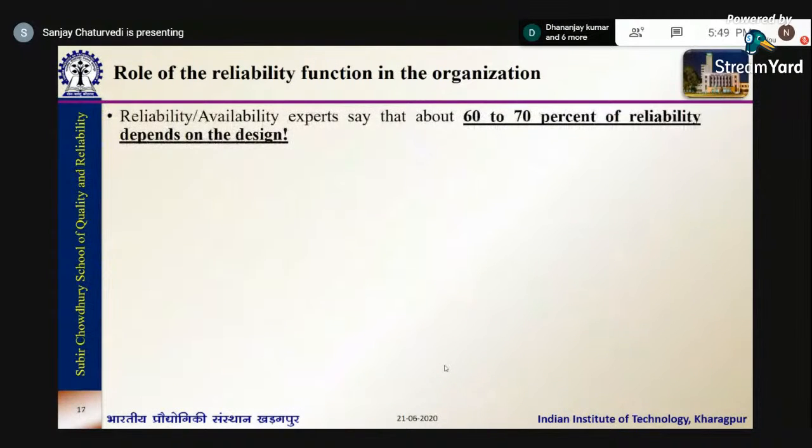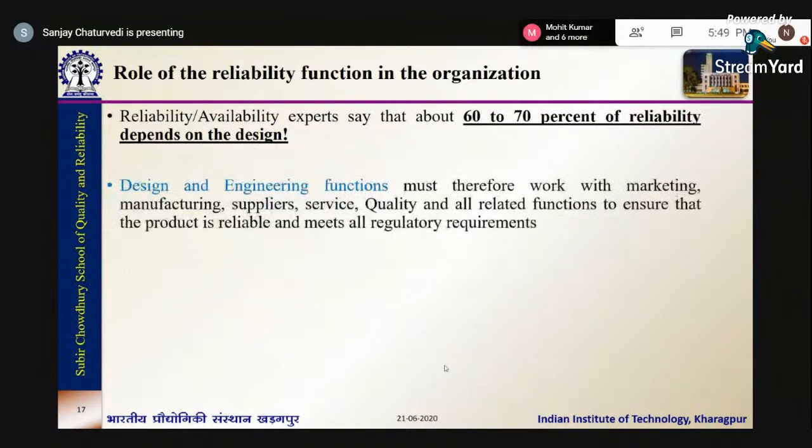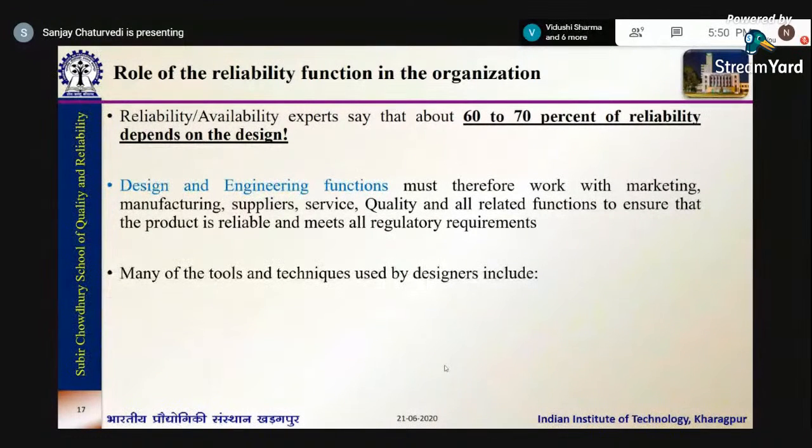Reliability experts say that about 60 to 70% of reliability depends on design. Design and engineering functions must therefore work with all these. These four walls must be narrowed down so that each one is communicative enough to get a solution for which the system is going to be designed, and the customer should be satisfied.